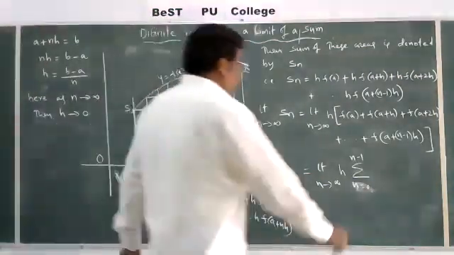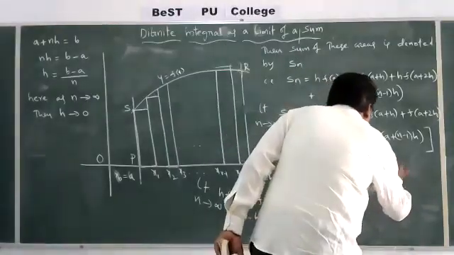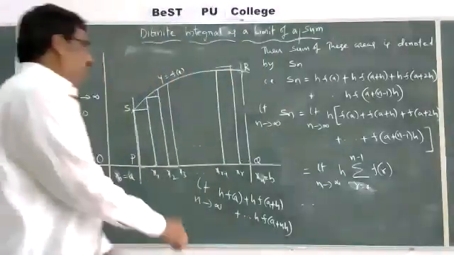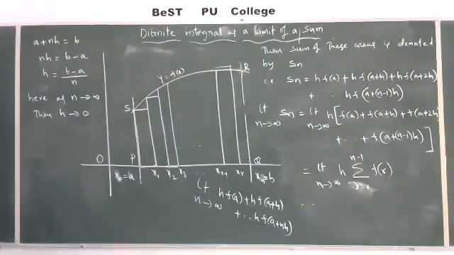Let the notation be f of r, then r is equal to 0 to n minus 1. Simple. Limit n tends to infinity h into sigma r is equal to 0 to n minus 1 f of r.